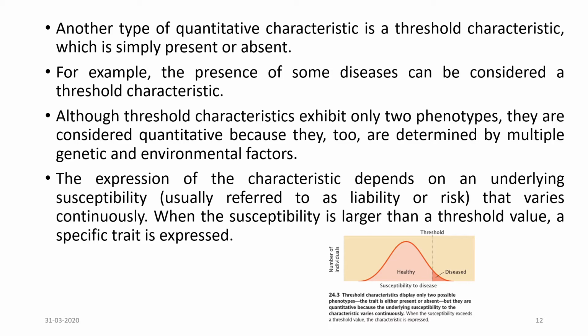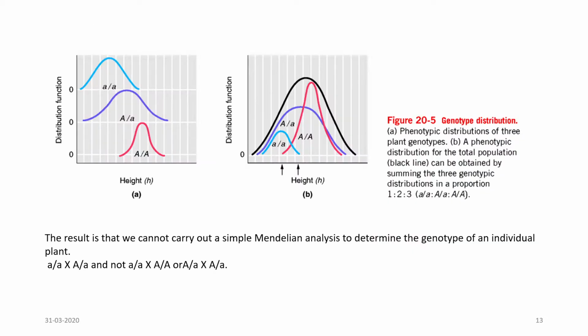They are considered quantitative because they too are determined by multiple genetic and environmental factors. The expression of this characteristic depends on an underlying susceptibility that varies continuously. When the susceptibility is larger than a threshold value, a specific trait is expressed.